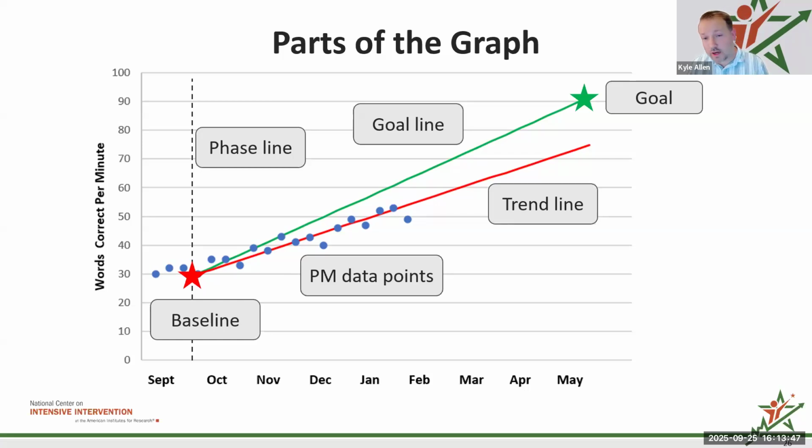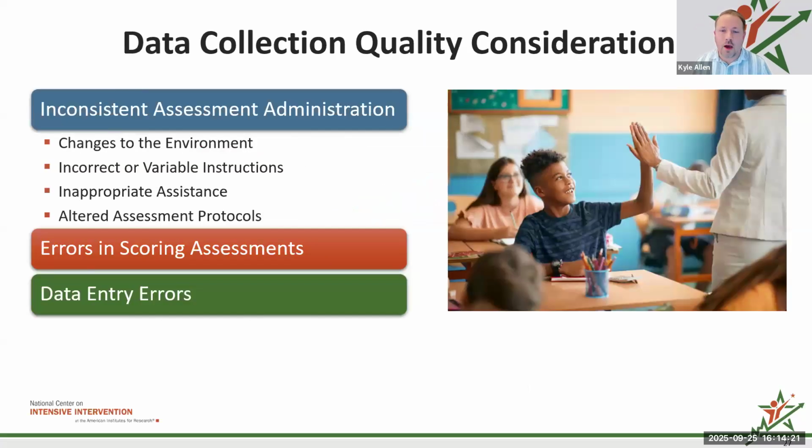And the reason I call it actual rate of improvement is because that's what they're actually doing versus the goal line, which is what I like to call the required rate of improvement, right? So then you can compare actual rate of improvement, the trend line, to required rate of improvement, the goal line. And that's what helps you make a determination that's quantifiable, right, with numbers, about the effectiveness of the instruction that you're providing and whether or not a student is responsive or non-responsive. Okay, that's how we use a graph in that way.